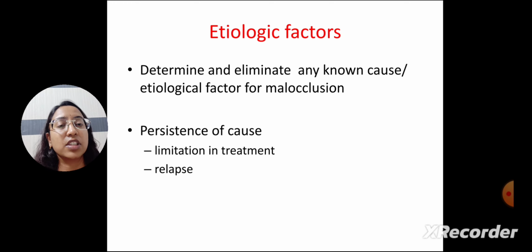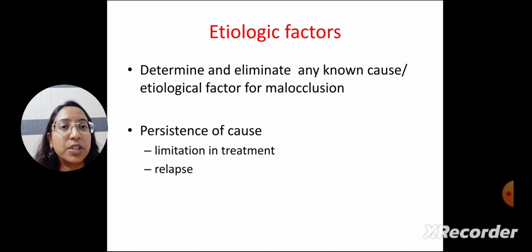Also, we have to make sure that the causative factor for the malocclusion is removed. For a hereditary factor or an etiology that we are not able to find out, we cannot do much. We can only think in terms of retention. But in case of causative factors which are known, such as habits or any other environmental factor, the initial step is to remove the cause.